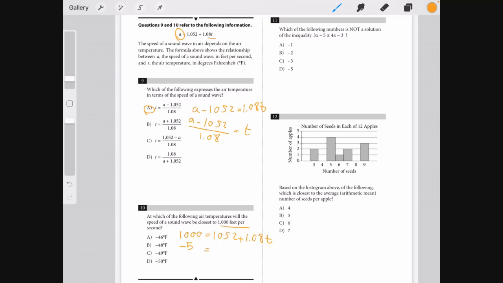It's going to be negative 52 equals 1.08 T. T is going to be negative 52 over 1.08. Okay, so to find the answer, you need to use a calculator, and if you plug it into the calculator, you will find out the answer is B.